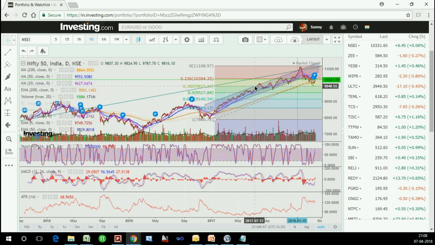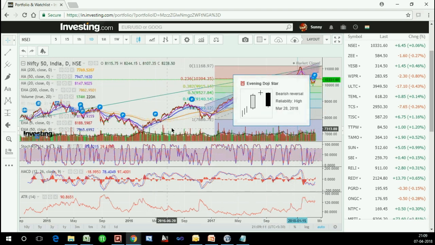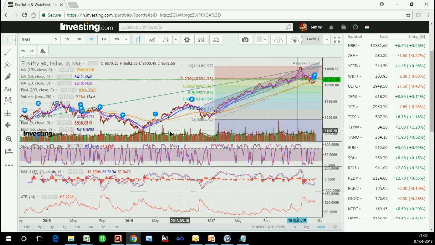If I look at this price chart from the start, 3rd March 2016, to this point, overall I would say it is in an uptrend, right? The major trend is up. There was one minor downtrend, right? So we need to identify what the price is doing on the chart.